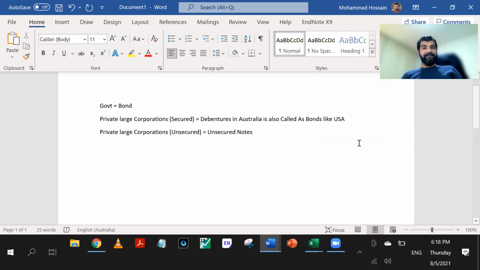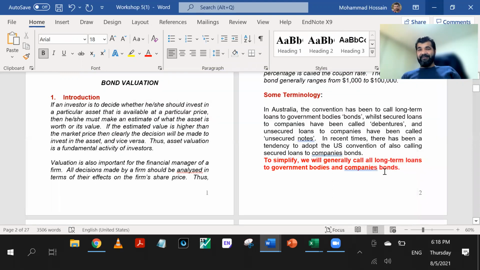All clear, guys? So don't get confused with all those terminologies. What is a debenture? Same thing. To simplify, we will generally call all long-term loans to government bodies and companies bonds. We don't bring debentures into our case. Everything will be considered as bonds.